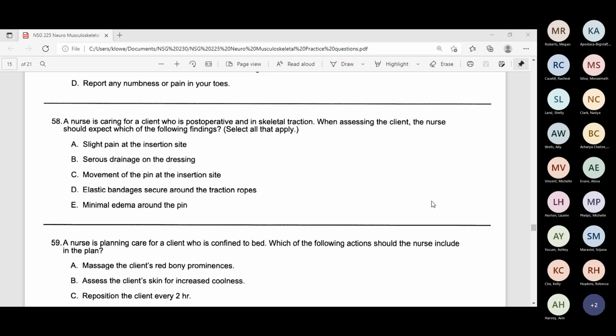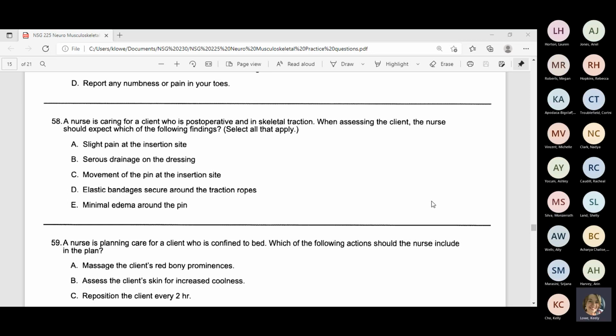Movement of the pin at the insertion site? No, there shouldn't be any movement. It should be down into the bone. Elastic bandages secure the traction ropes? I would think not, since they can break. Right, it should not be elastic.